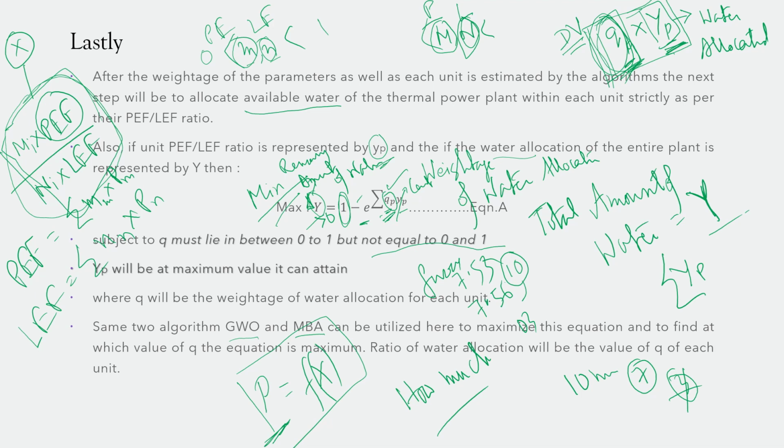Correct, for any instance. So this will give you the ratio of water allocation where the maximum water will be utilized, whatever water is supplied, within that the maximum water will be utilized.